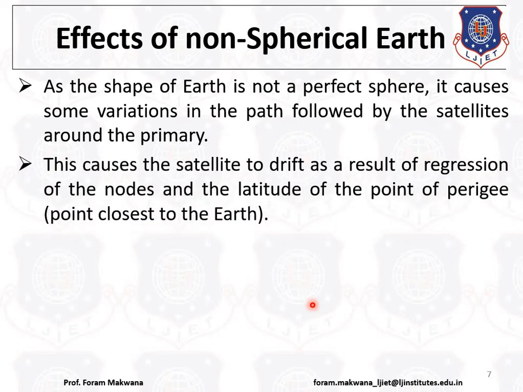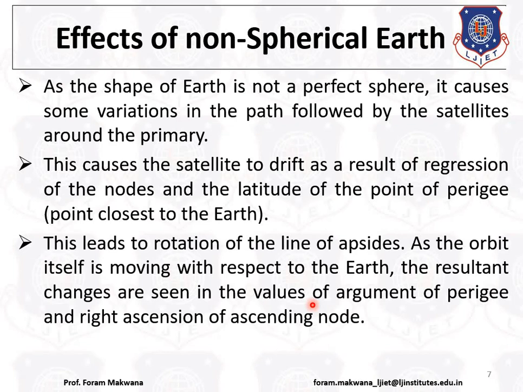So it will cause the satellite to drift as a result of regression of the nodes and the latitude of the point of perigee, which is closer to the Earth. So the orbit itself is moving with respect to the Earth. The resultant changes are seen in the value of argument of perigee and the right ascension of ascending node.